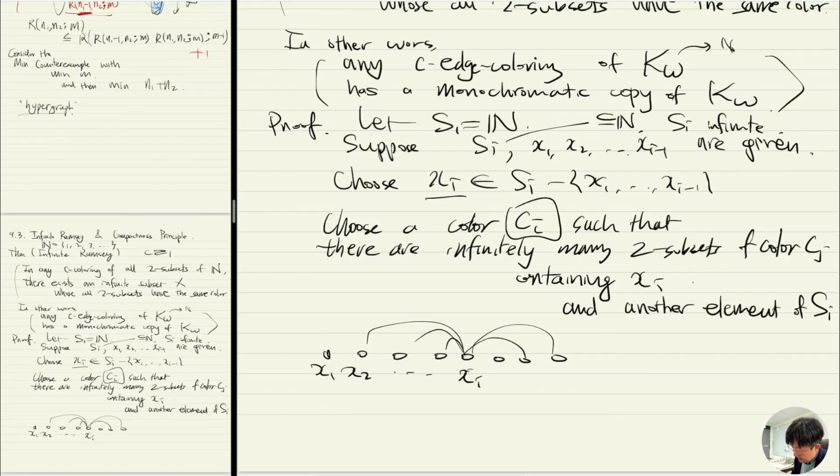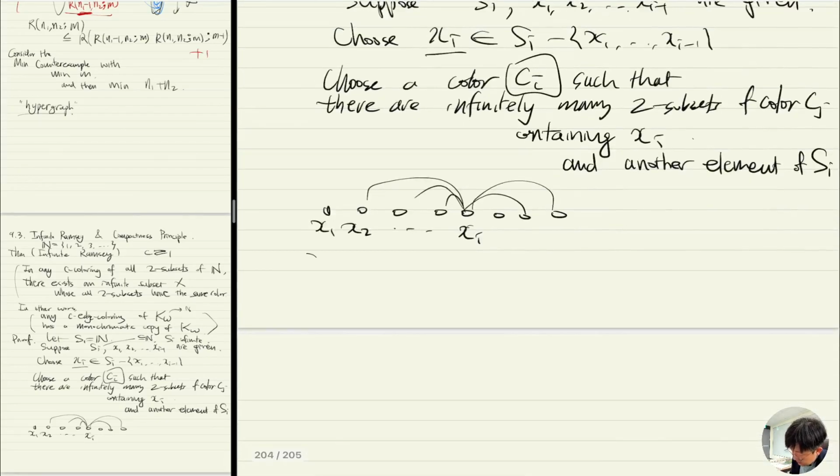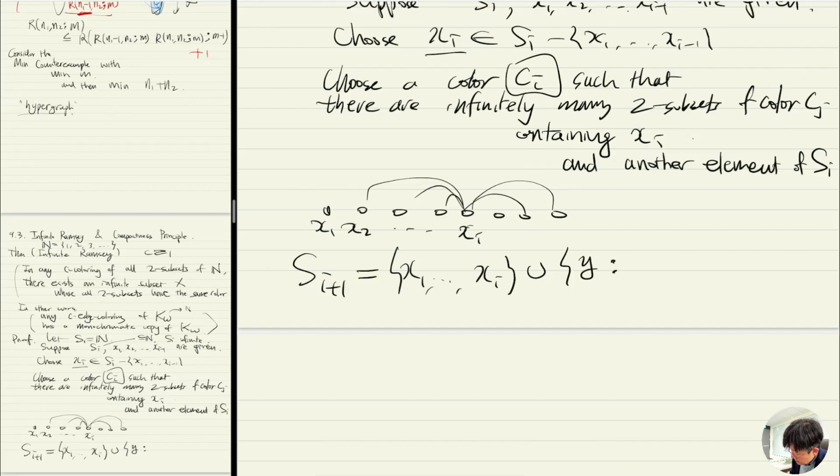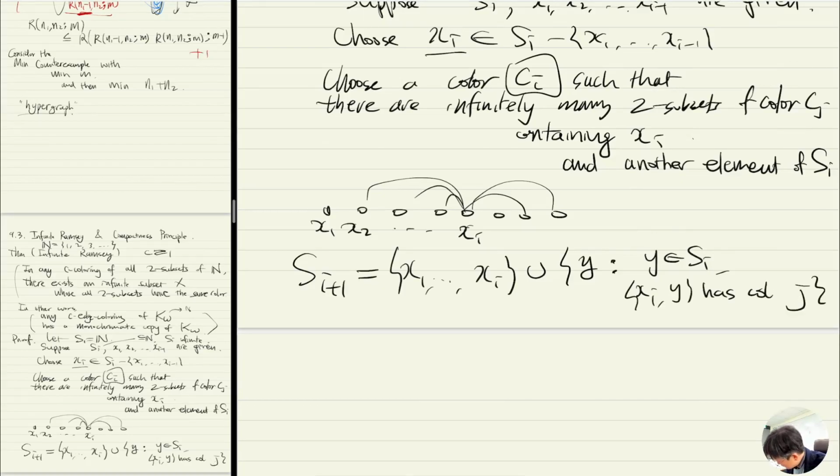That's the color Ci. Then I'm going to restrict Si plus 1 to be the set of all y such that y is in Si and the pair xi, y has color Ci.